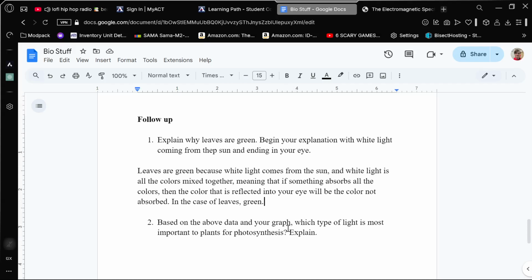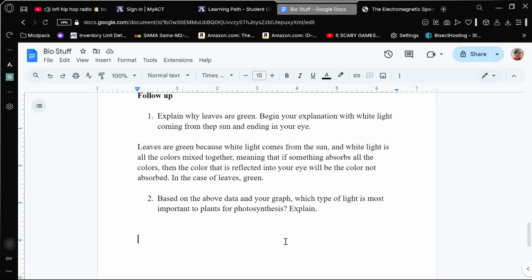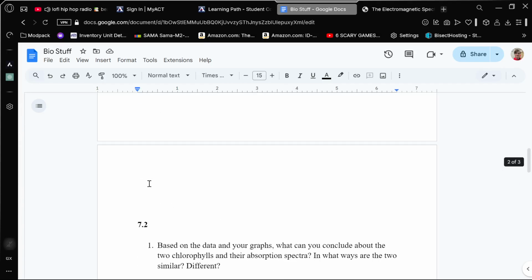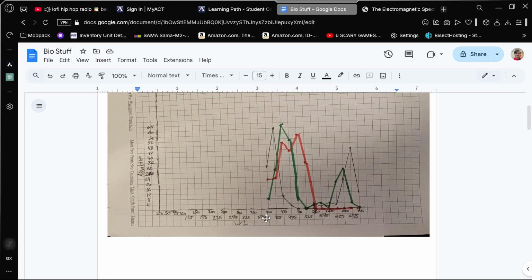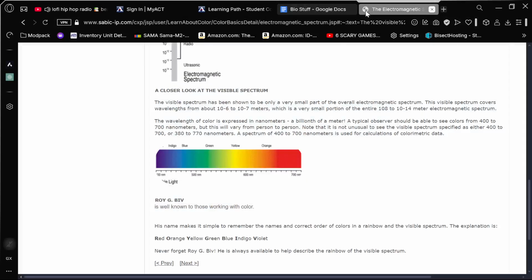Based on the above data and your graph, which type of light is most important to plants for photosynthesis? Well, if we look at our graph, definitely 400 to 450. So probably blue light, I would assume.